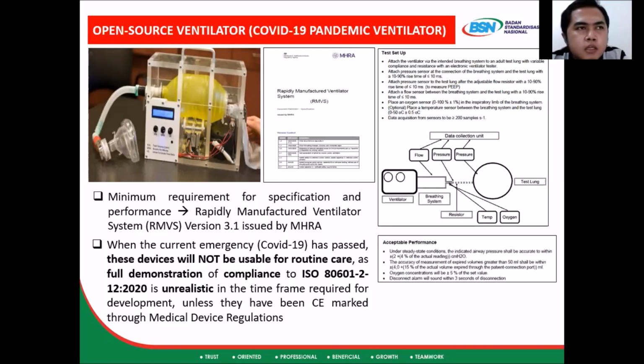So many COVID-19 patients cannot get treatment due to the short stock of ventilators. So there are many people building these open source ventilators.